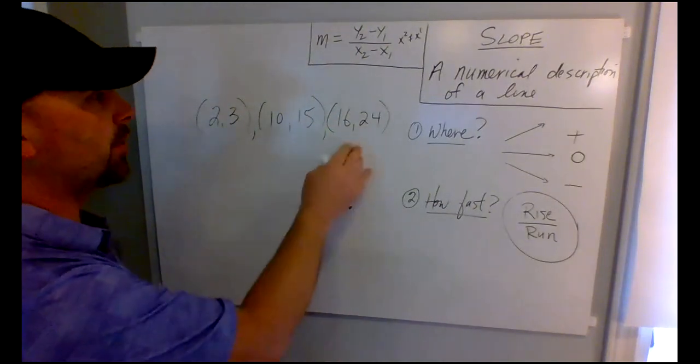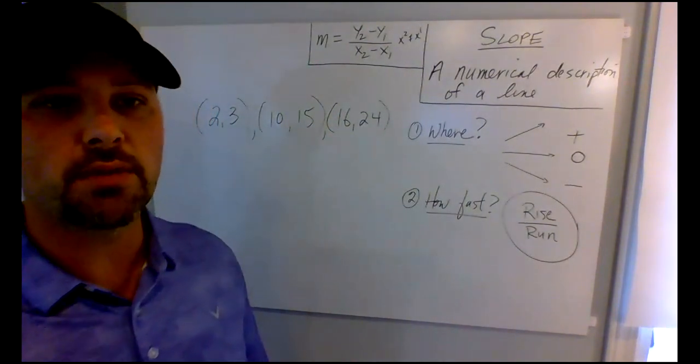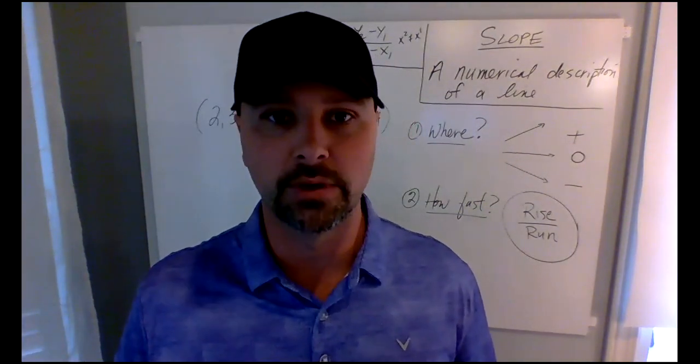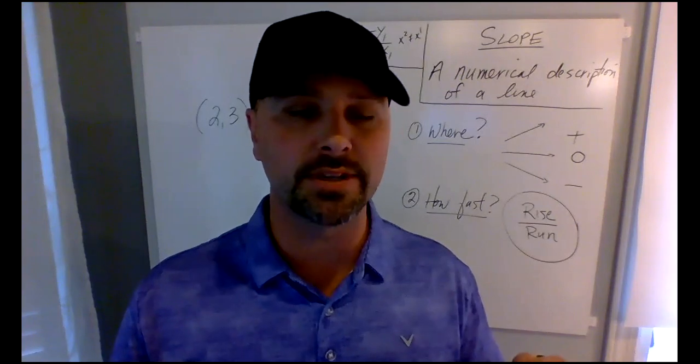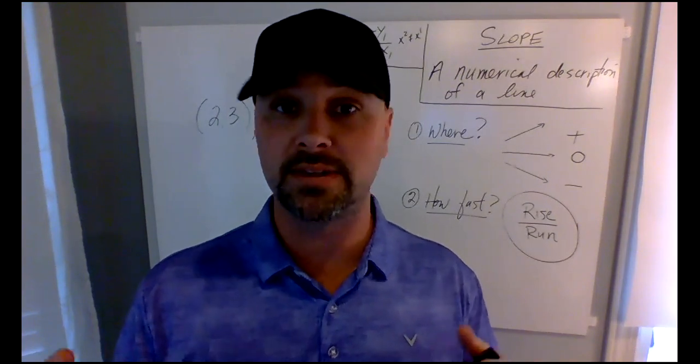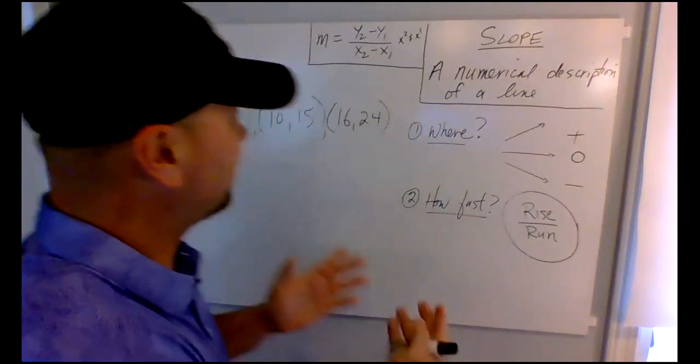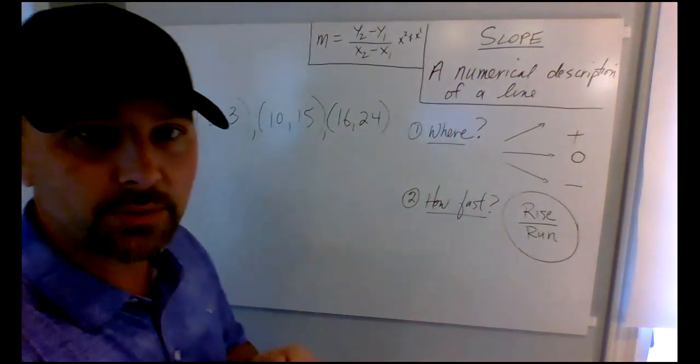Okay, so let's say they give you three points, just like if they gave you three points on a graph. You just need to pick two. Doesn't matter which two. Should be the same thing no matter what once you simplify. You may pick the two that are closest to each other, but it really doesn't matter.